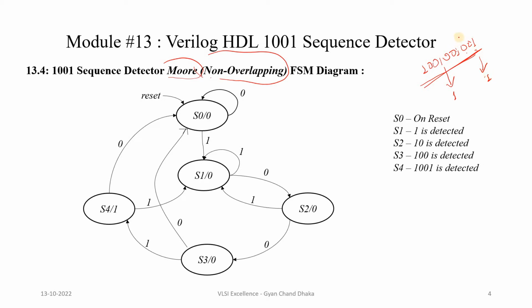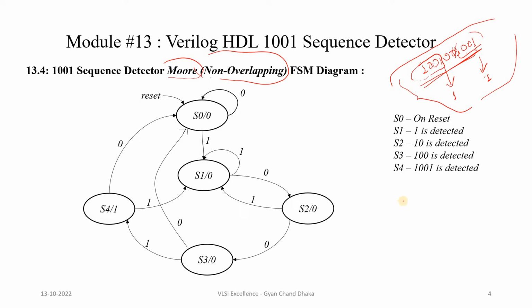Basically, the next 1001 sequence is not overlapping with the first 1001 sequence. If our sequence detector output is something like this, it is nothing but a non-overlapping sequence detector. Now let's understand the overlapping sequence detector.